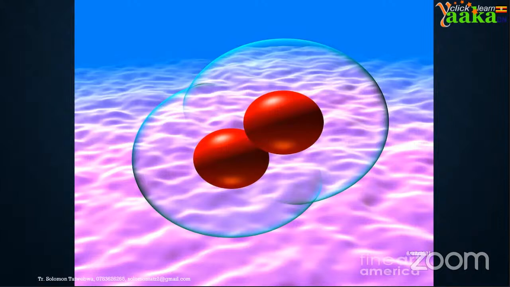For example, in water, one molecule of water will only contain one oxygen atom and two hydrogen atoms. But when you look at a sulfate, it will have over 4 atoms of oxygen. So it varies, but in nature, it is only 2 atoms.